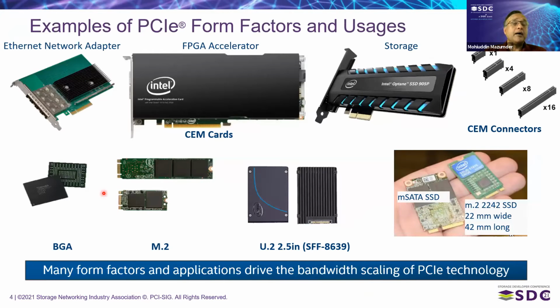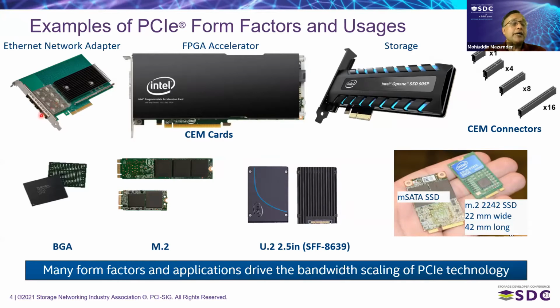Now I'm going to give you a little bit of flavor of other usages of PCIe. One of the major drivers of high bandwidth is also the Ethernet network adapters. As demonstrated here, on one side it will be connecting through the Ethernet, and the other side, which is mostly the CEM connector based, is directly communicating with the CPU.